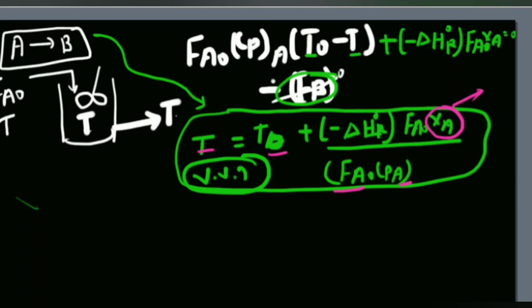Or sometimes they will tell you how much inlet flow rate of reactant is required to achieve a conversion of 90% at an exit temperature T for a particular reactant A. So there are so many types of questions that can be asked here. You only need to set your basics on the mole balance and energy balance.